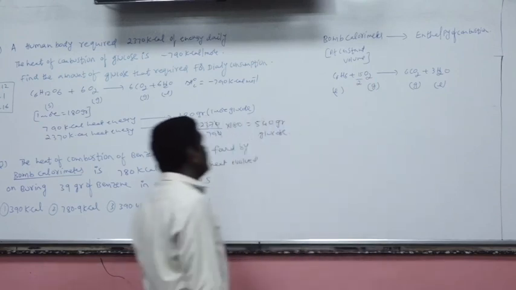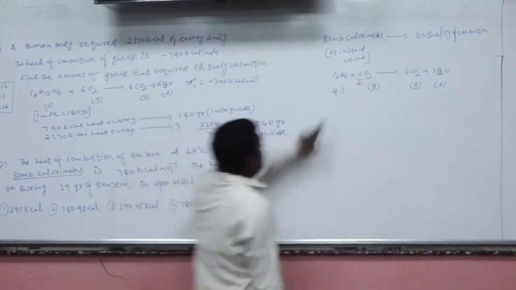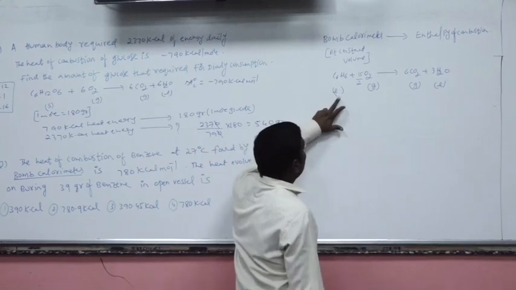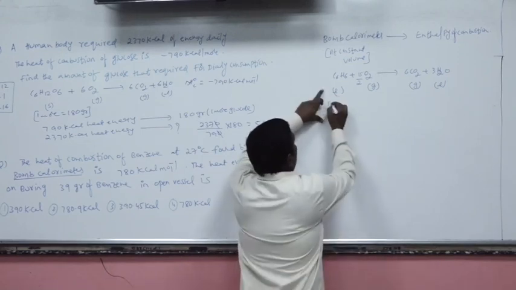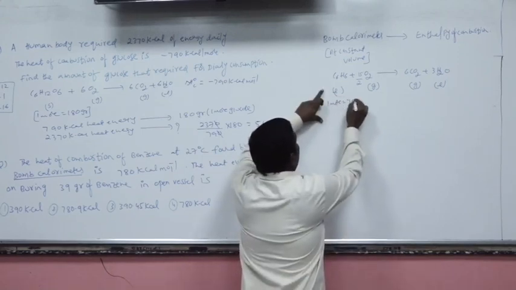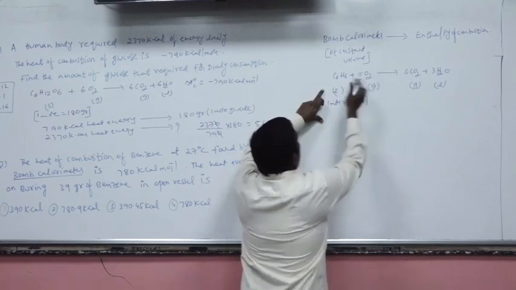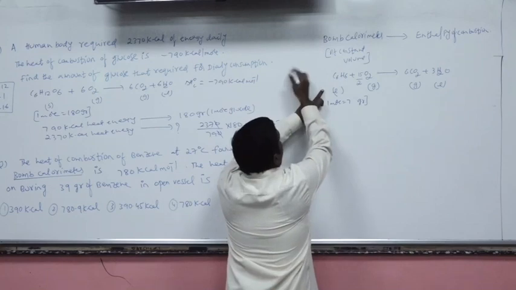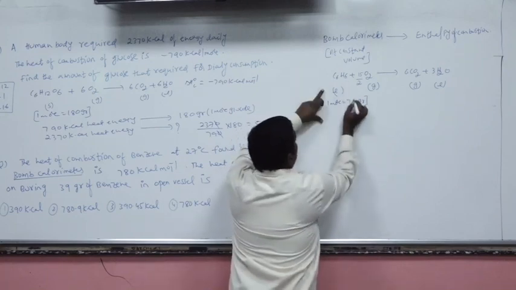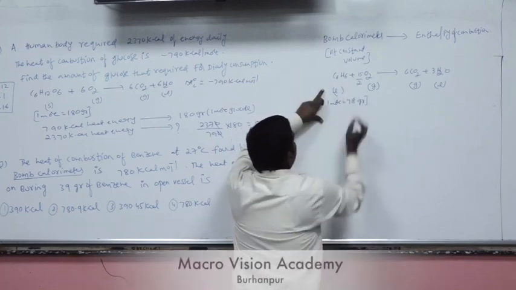Now, how many moles of benzene undergo combustion as per standard condition? 1 mole. 1 mole of benzene is 78 grams. This is very simple: 12 times 6 plus 6 are 78 grams.